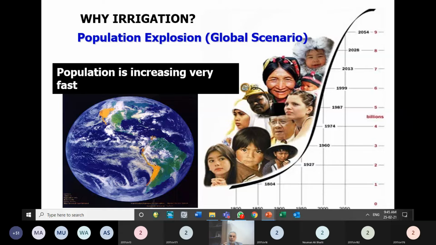Poverty reduction is related to economic activity. As I told you, agriculture is one of the big contributors to the economy. So that is an easy way of avoiding poverty, if we enhance agriculture activity through irrigation and provision of water.